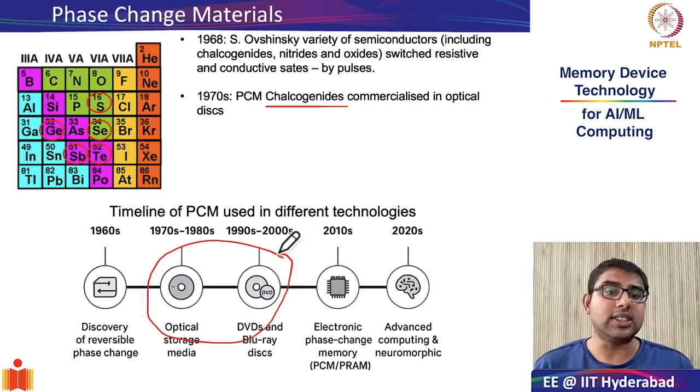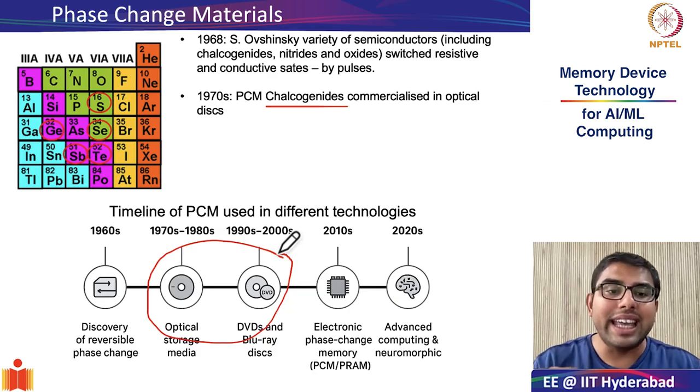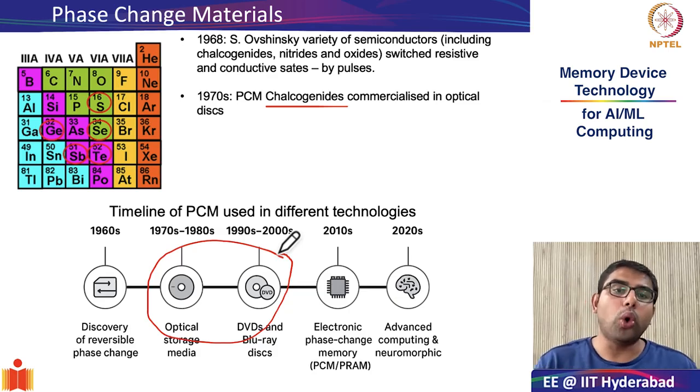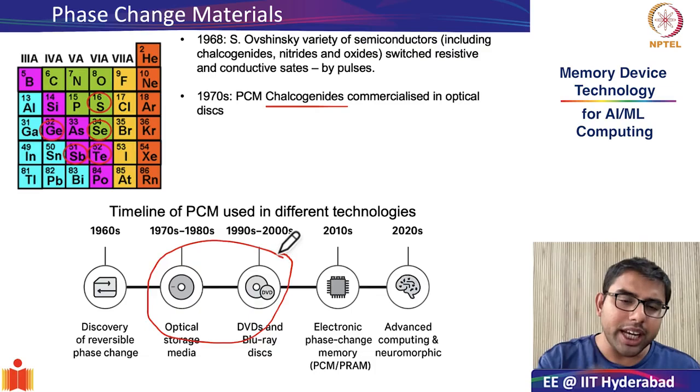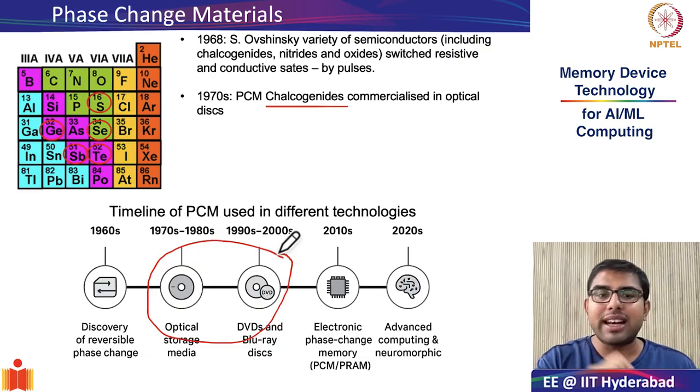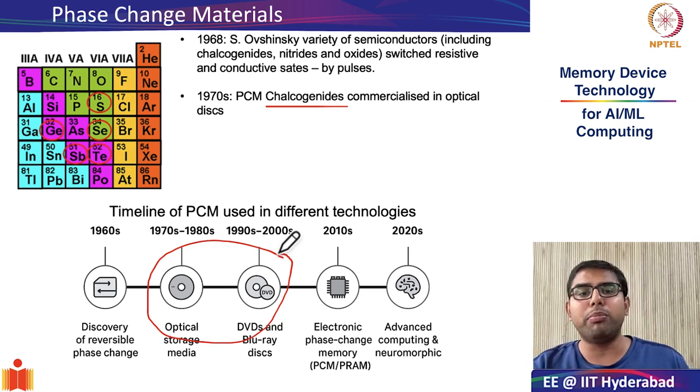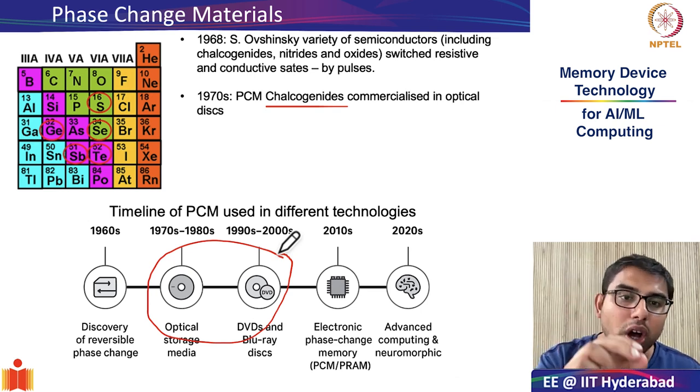In these optical discs, first you coat the entire material with a crystalline chalcogenide material which forms the erase state. Now to do programming, you apply very short pulses of 10 nanoseconds, and you melt the material and convert that crystalline material into amorphous phase.